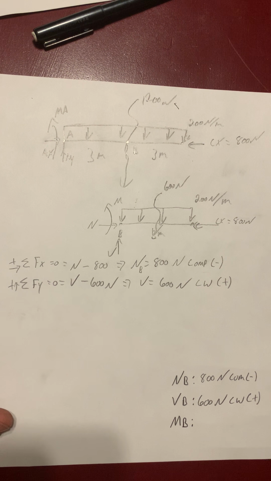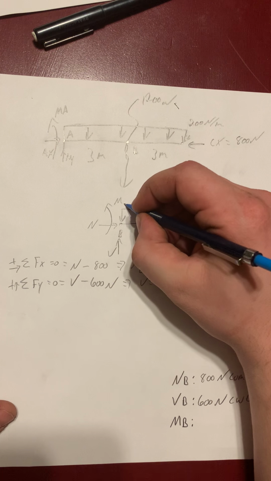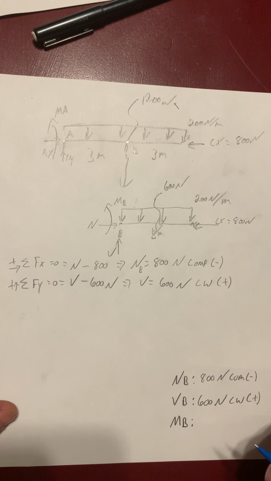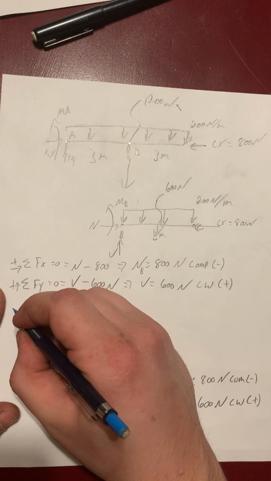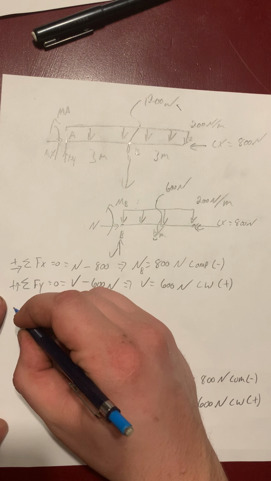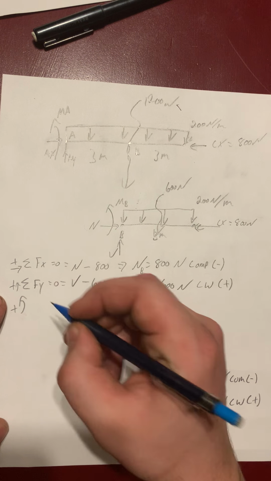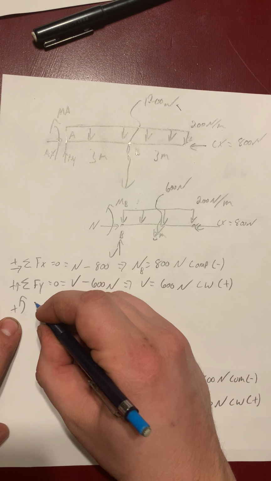Now moments, right? We need to find this M of B. What is that? Well, let's do sum of the moments, denoting that right-hand rule is positive.